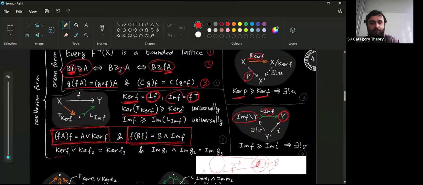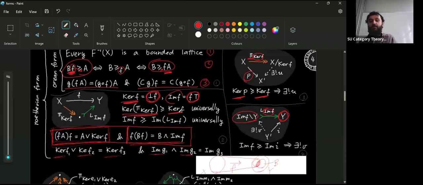The last axiom simply says that if you take two normal subgroups, so two subgroups that are kernels of something, you join them, that is also a kernel of something. And opposite, if you take two things that are images of some homomorphisms, for groups, this is always the case, right? But for a general form, not everything needs to be an image.